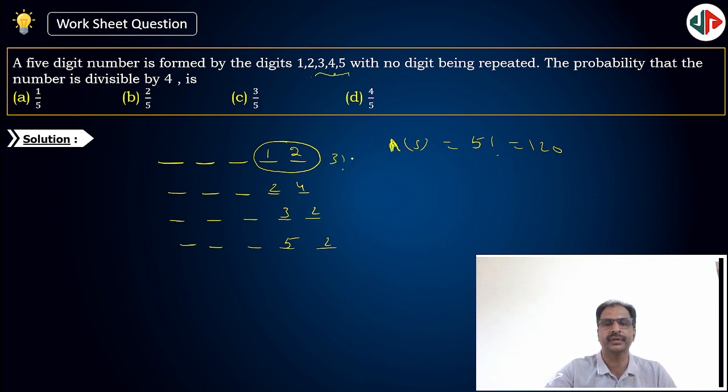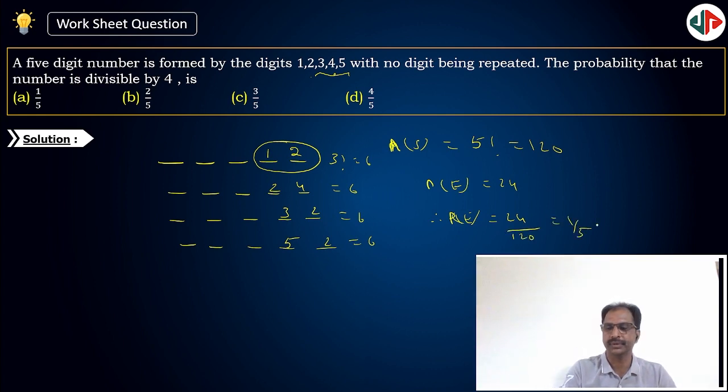So 3 factorial numbers. Similarly, here also 3 factorial, 3 factorial, 3 factorial. So n of E will be 24. Therefore, P of E is 24 by 120, which is 1 by 5. Option B.